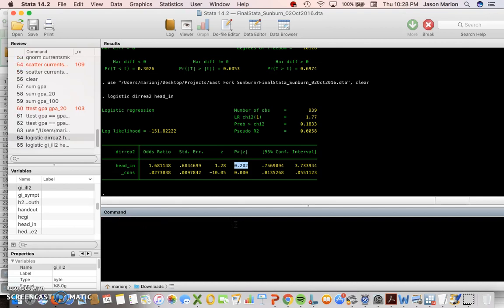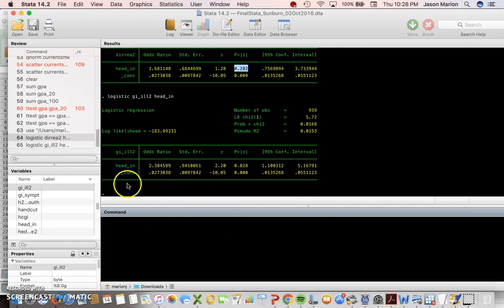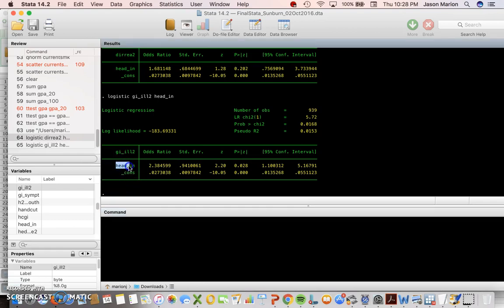So we run the model, and in this case, if they put their head under the water, we estimate that the odds of gastrointestinal illness was 2.4 times greater among those who put their head in the water compared to those who did not. So if you went swimming at that beach during that summer, we estimate that you had a 2.4 greater odds of reporting a gastrointestinal illness than those who did not put their head in the water.